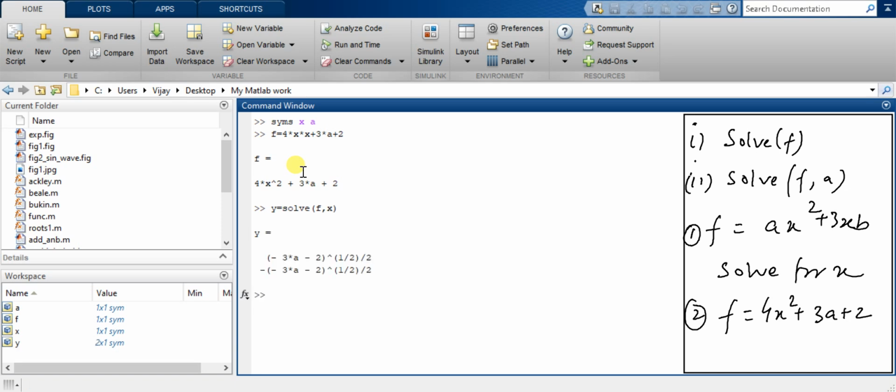This is the result which is stored in y. Now you can take a also. When you hit enter, this is the result for a. I hope this symbolic mathematics with all the integration, differentiation, definite integration and the solve command will be clear to you. So thank you very much.